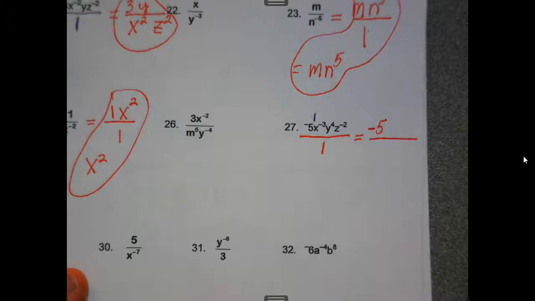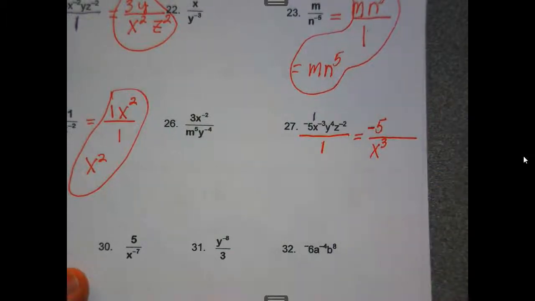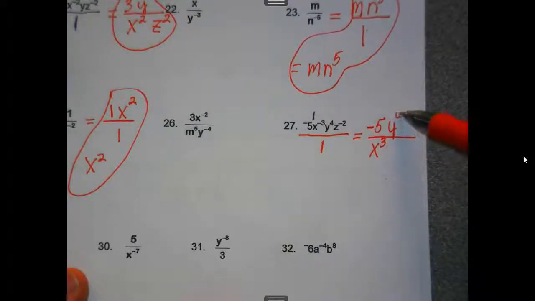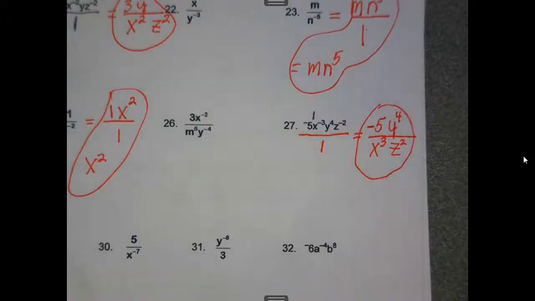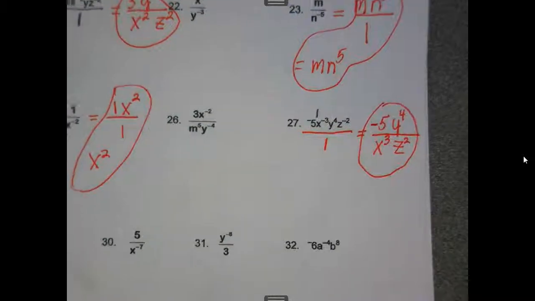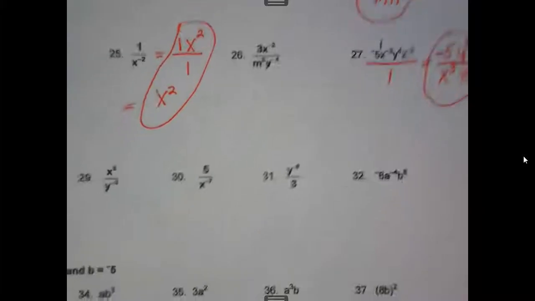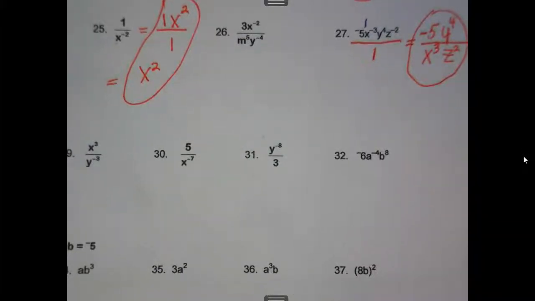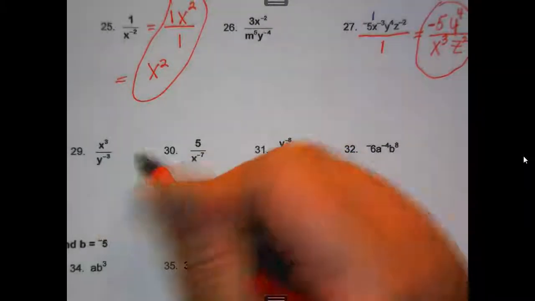Where does the x go? Bottom, positive exponent. Where does the y go? And the z? 27, 29. 29, where does the x go?